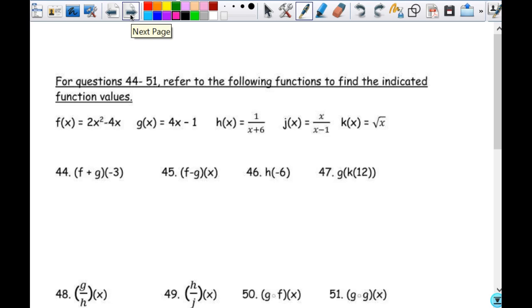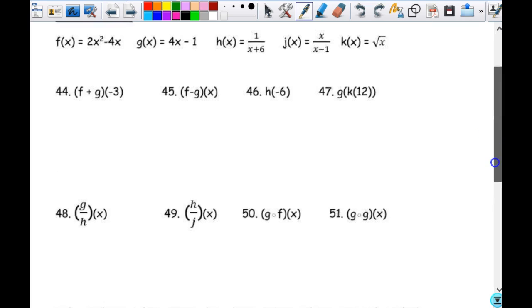All right, for questions 44 through 51, we're going to refer to the following functions to find the indicated function values. All righty. So I need f plus g of 3. So basically, first I need to start by finding f plus g of x.